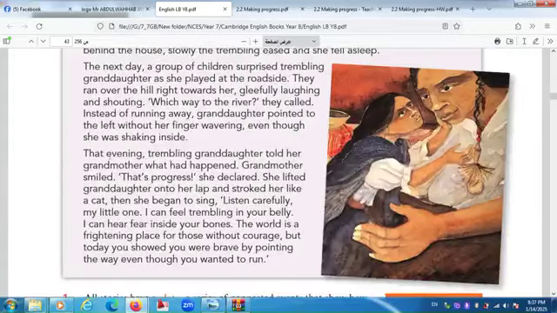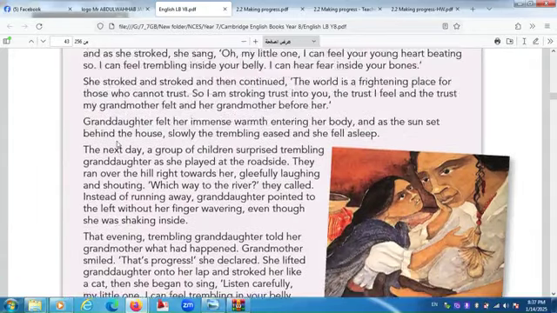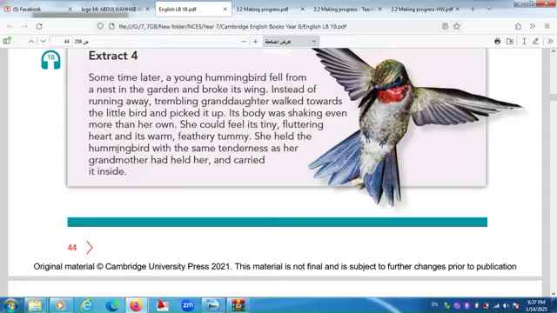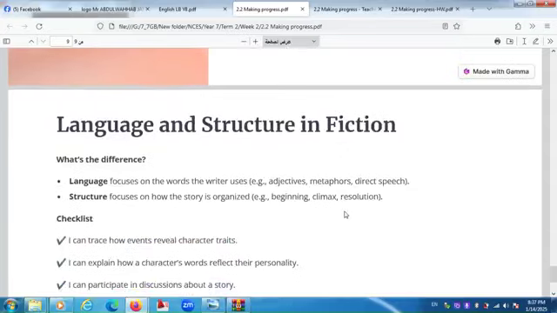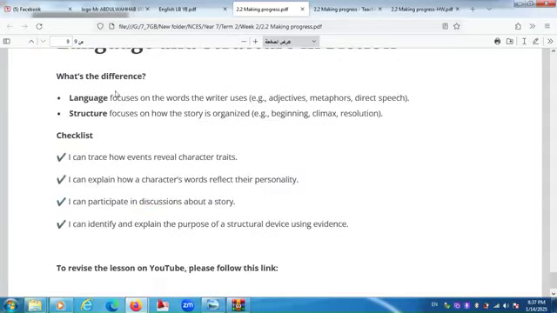That structure will help the reader to understand the story very well. It will help the reader to gain the main theme. This sequence of events will make the reader understand the purpose, and it will practice identifying symbols and other roles in the story. It's very important. Remember, please, that language focuses on the words the writer used, while structure refers to how the story is organized.